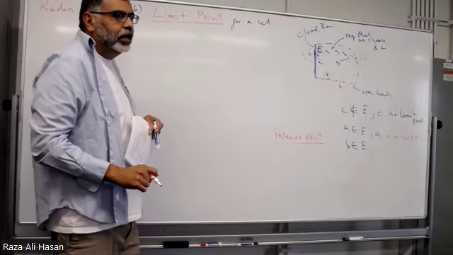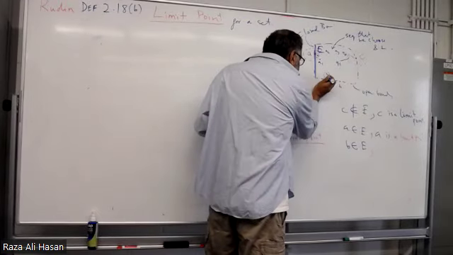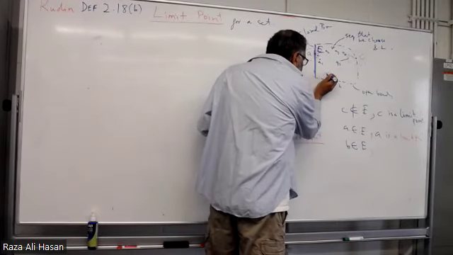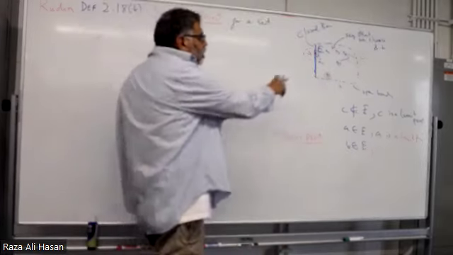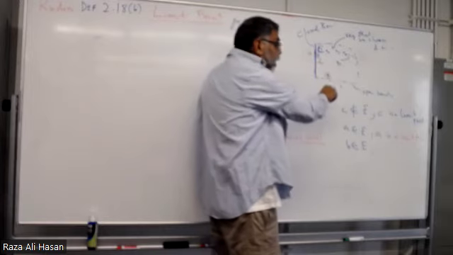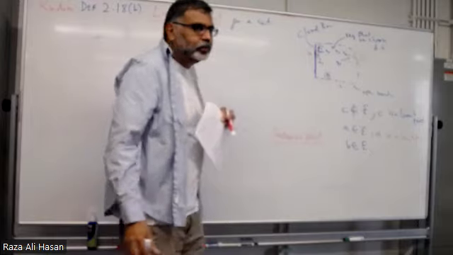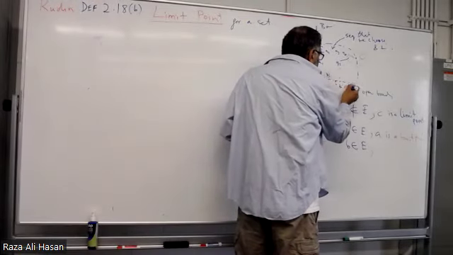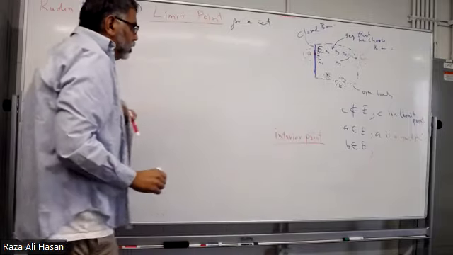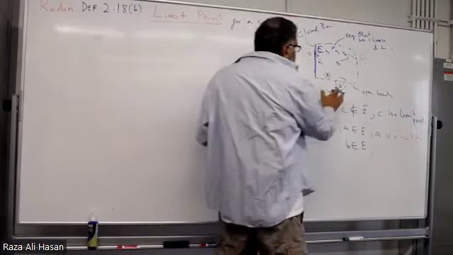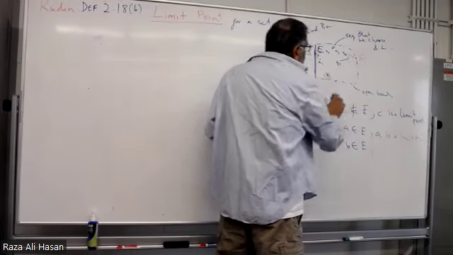In other words, all the points in the neighborhood of B better be in the set E. That's the definition. Here we just want some points to be in E. So this is not an interior point because there are points outside of the set that are in that neighborhood. So this second B that I just drew is a limit point.